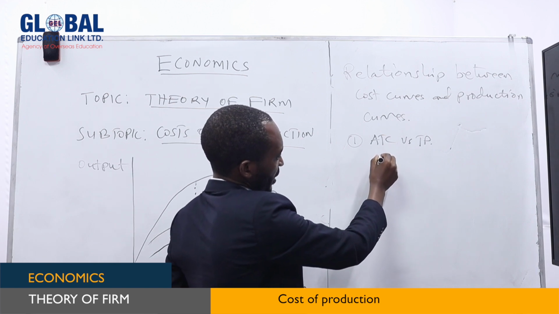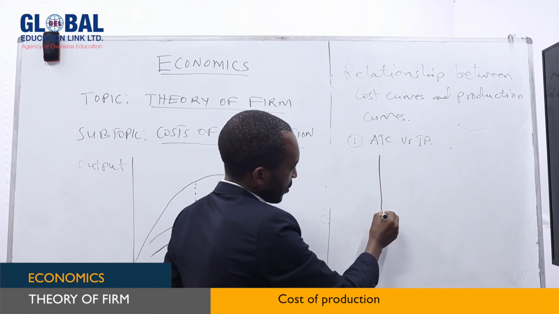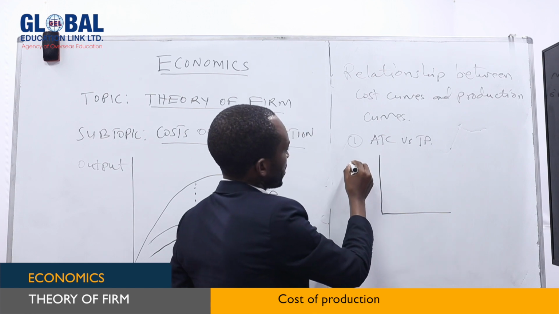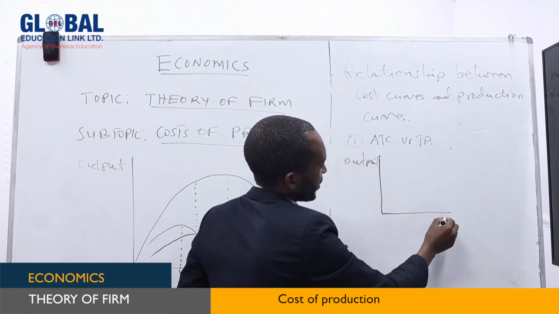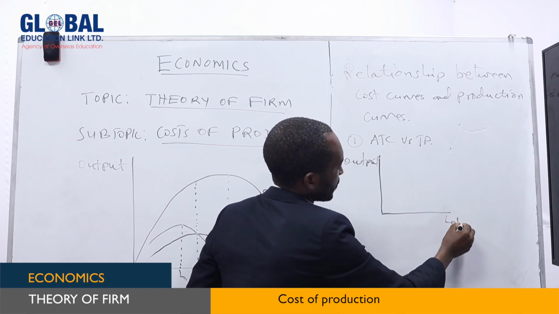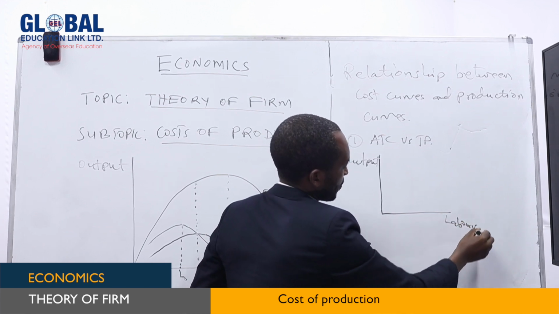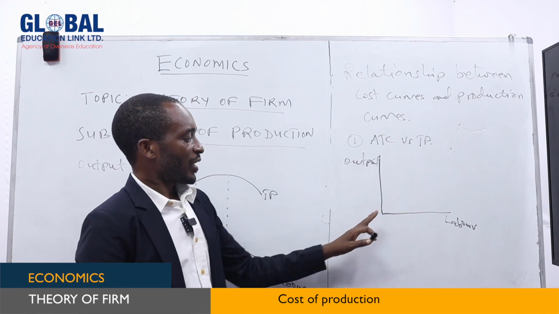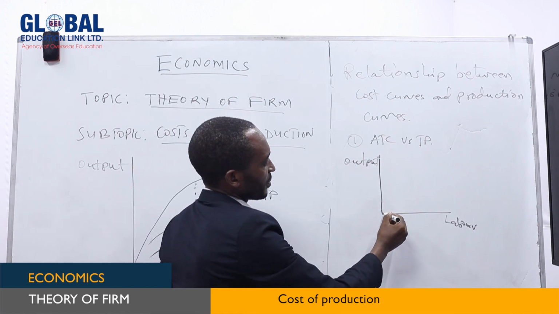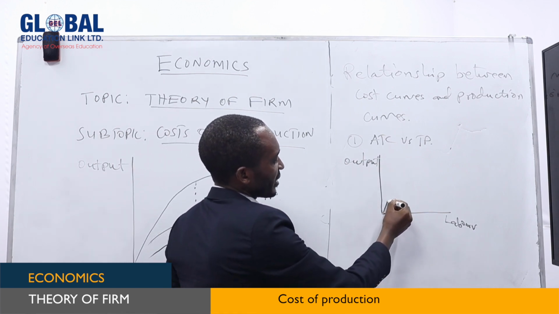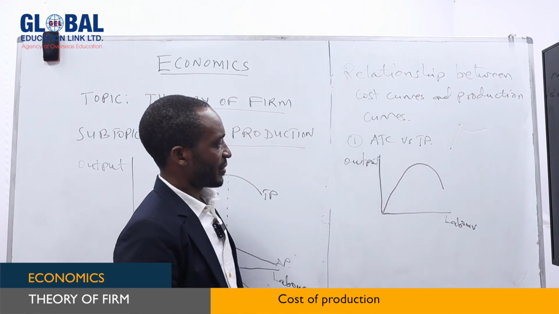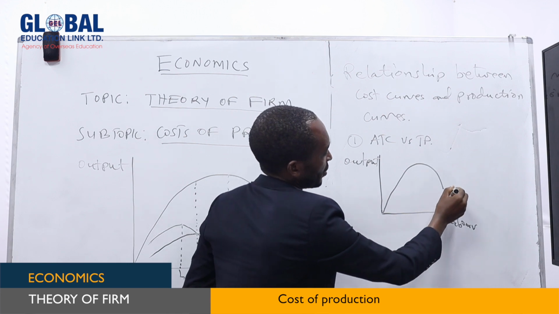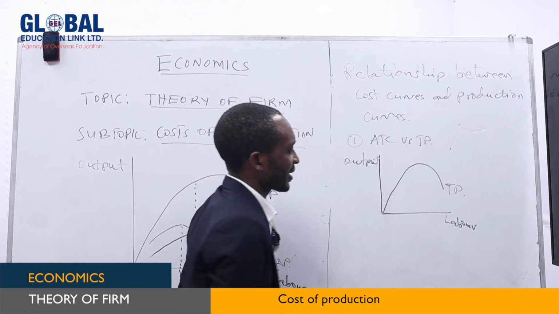So let us start with the total product. Here is output and here is labor. The total product will start to increase, then will reach a maximum, then will start to diminish. This is the total product.